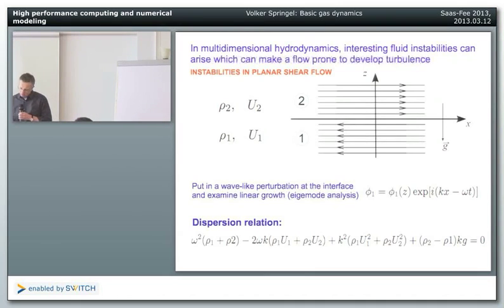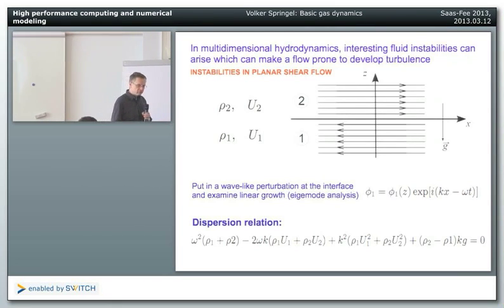Then you do a whole lengthy analytic calculation and derive Bernoulli's theorem and other stuff. You know, it's one or two pages of algebra. And then you arrive at a so-called dispersion relation. And I don't want to go now through this algebra. This dispersion relation looks like this, also still a pretty lengthy expression. Also, what I didn't mention was that for the fun of it, let's also put a gravitational field here in the z direction.